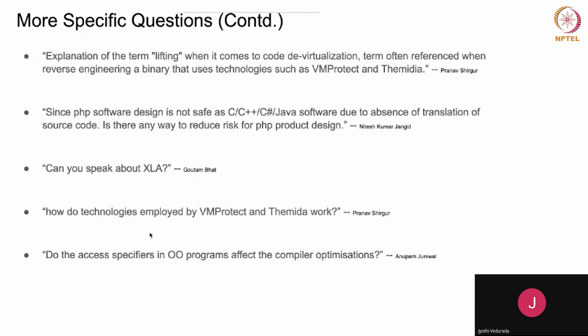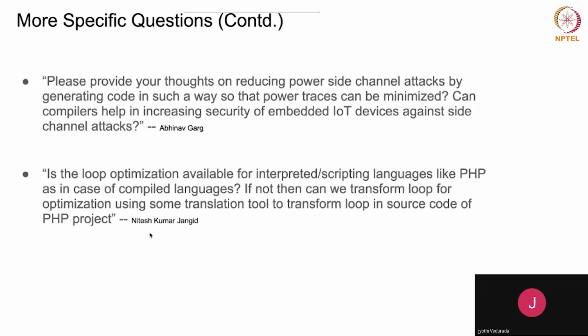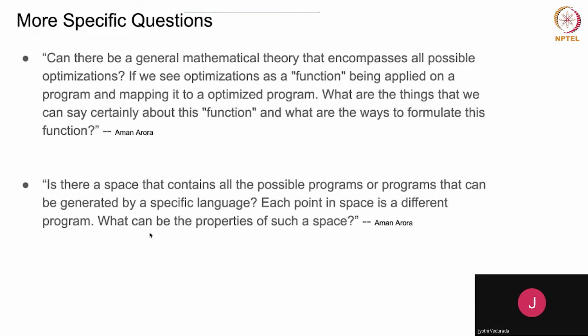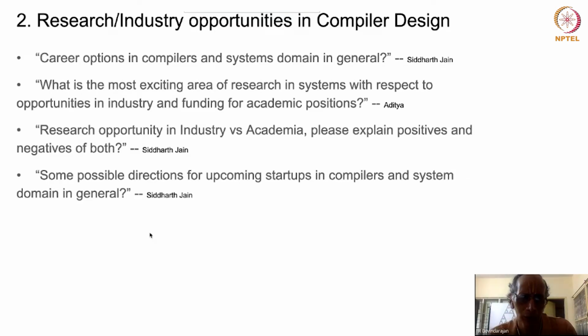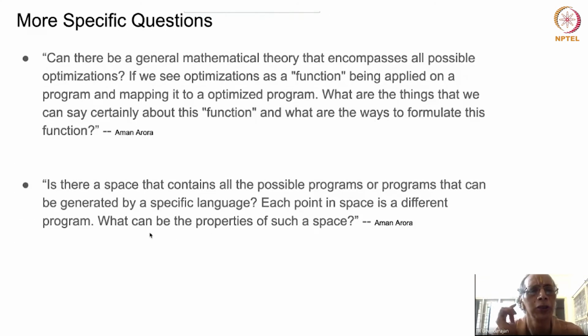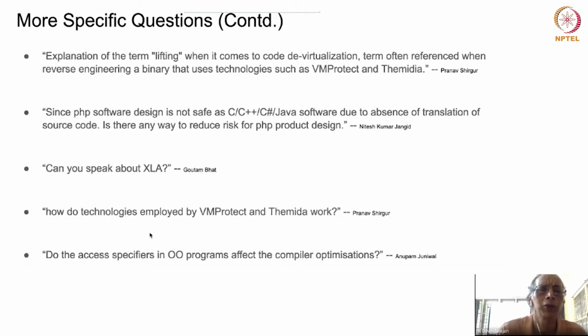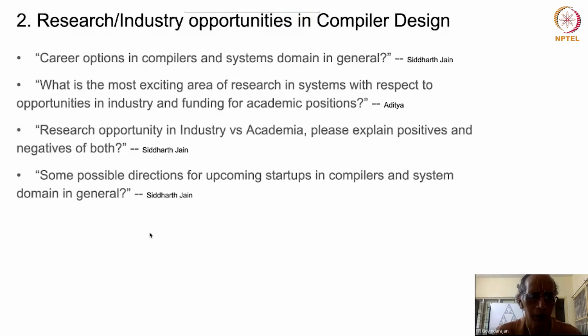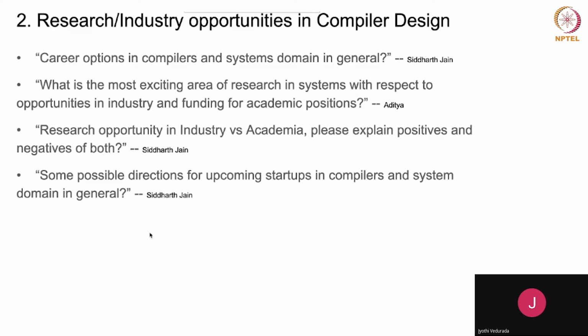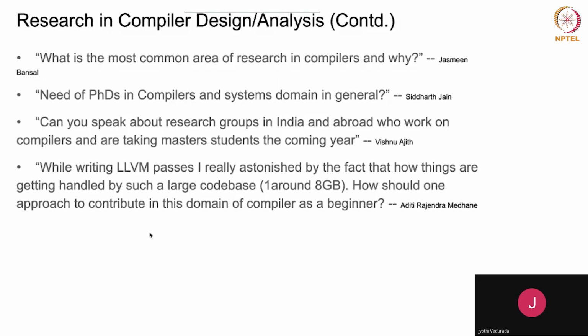These are very specific to how to apply to a PHP project and more on compiler optimization with respect to programs. So we kept those at the end because that might require a different setting to answer. Some very specific and detailed questions can be skipped for the panel. Some general questions, maybe. Yes, I think section 2 and section 3 can be taken. Yeah, sure. Thank you. Okay, we can go to the next section.